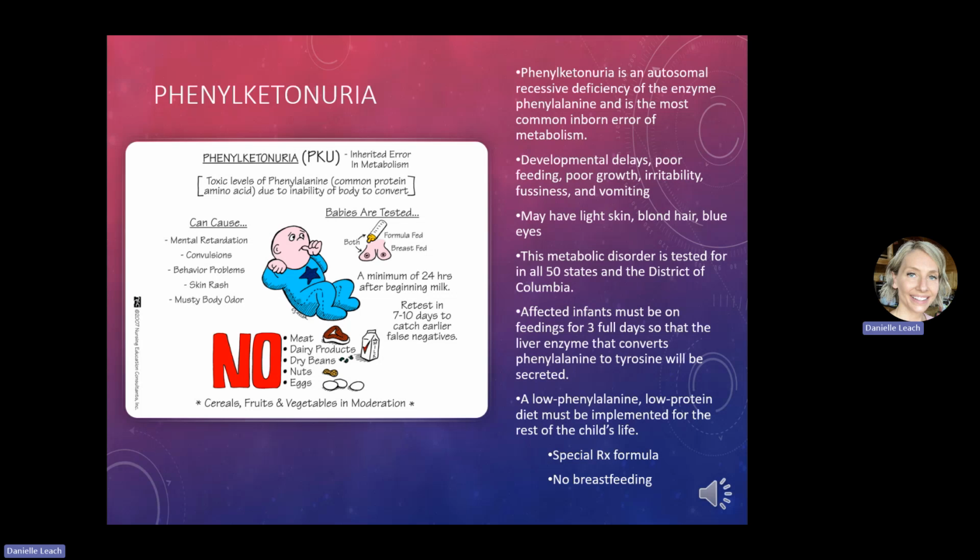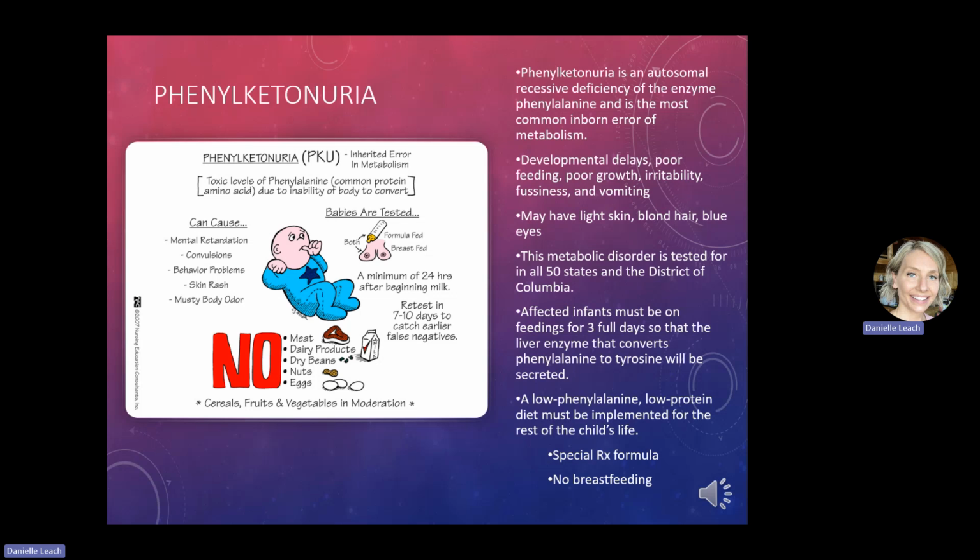So basically, we're usually testing this at about 24 hours of life. So if a baby is especially breastfed, they may not have gotten very much milk at all before 24 hours. So they could have a false negative if we only did 1 test. So this is why there is a second test.